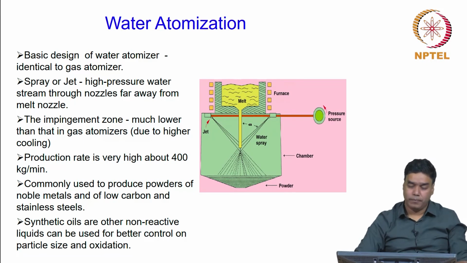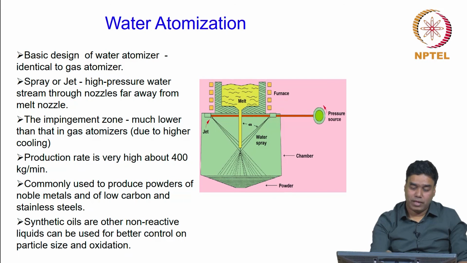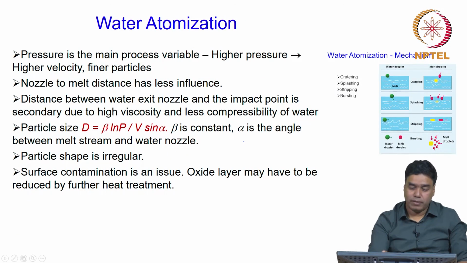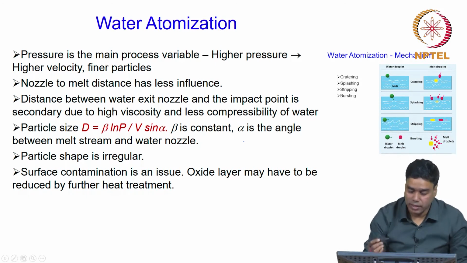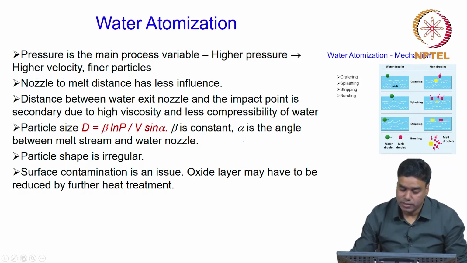And as far as the mechanism is concerned, in this case there are 4 mechanisms that can operate to generate these metal droplets from the stream of molten metal which comes in contact with the water jet, and these are cratering, splashing, stripping and bursting, and all these 4 types of mechanisms are depicted in this particular diagram that you have over here.